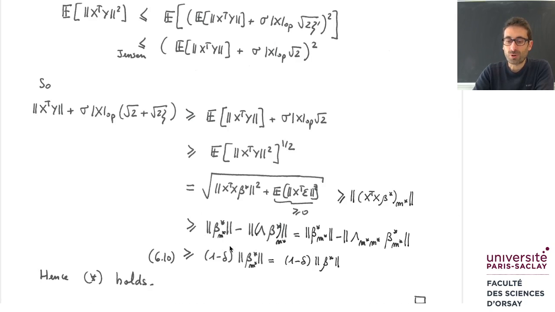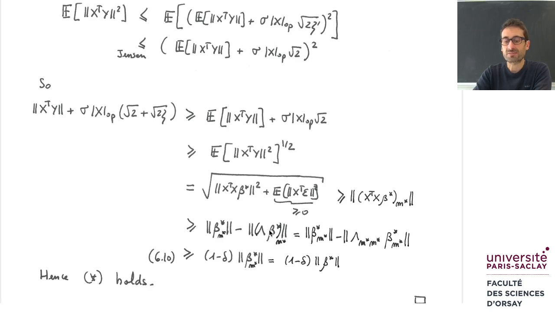And for this lower bound, I will not touch this one, but for this one, what I can do, first I look at the entries which are in m star, so it means that I only consider the rows of capital lambda which are in m star, right?